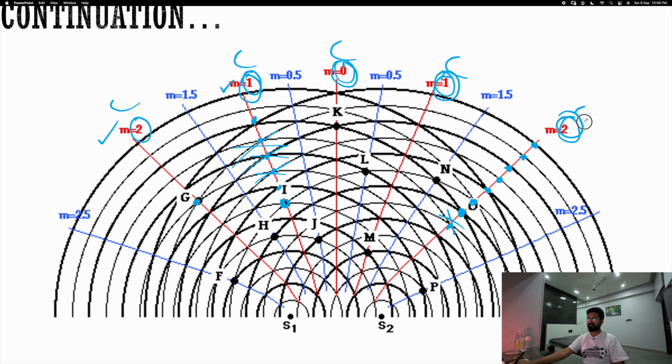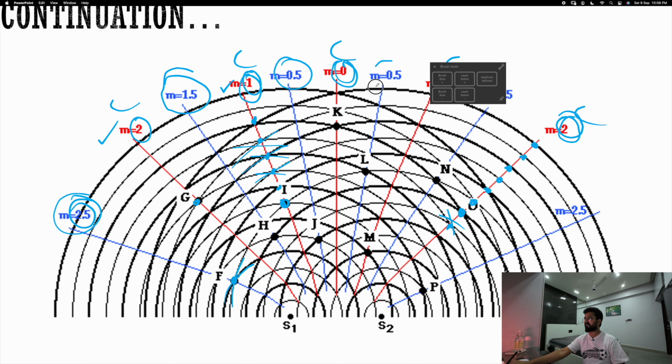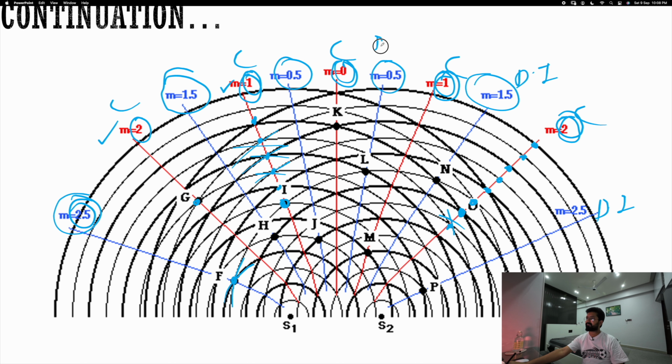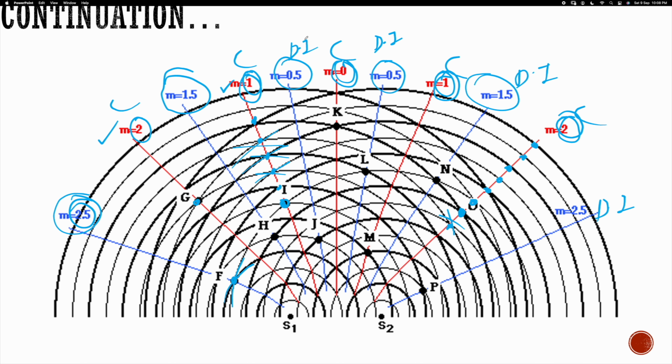Constructive, constructive, constructive. But look at the point F. You can see crest meeting trough of the second wave because the path difference is 2.5 lambda. So wherever your path difference is half-integral multiple of lambda, there you have destructive interference happening. Clear, everyone? I hope you understand the concept of where you have constructive interference happening and where you have destructive interference happening.